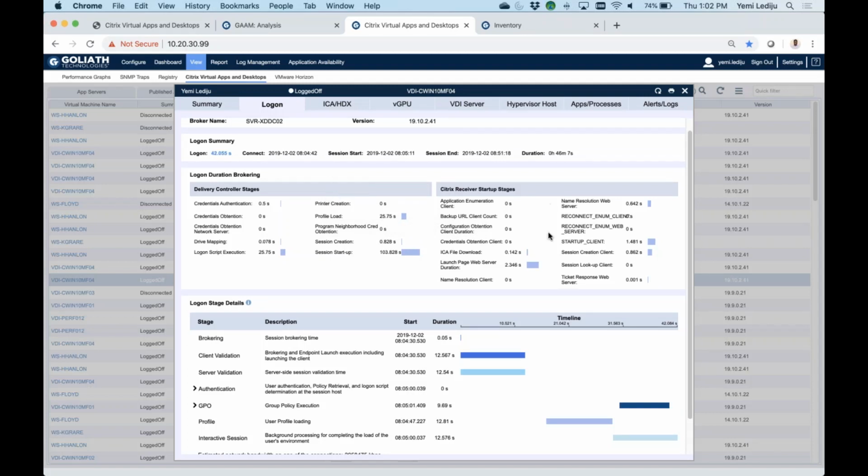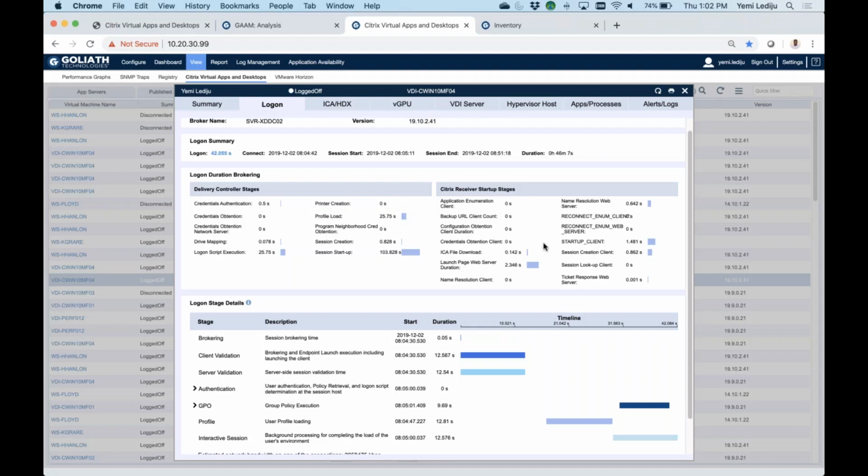So the first section of this page tells you what's going on during the brokering stages of the logon process. So here you're able to see things like what's going on at the delivery controller, things like authentication, drive mapping, printer mapping, things like logon scripts, and how those are impacting the logon for that particular user. You're also able to see what's going on at Citrix Receiver, and this is without deploying any technology to that user's endpoint.